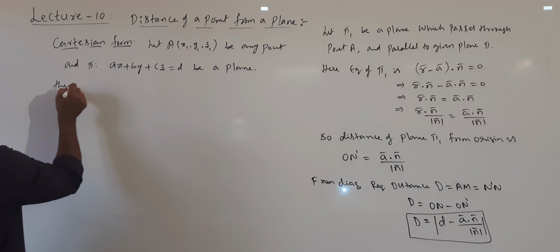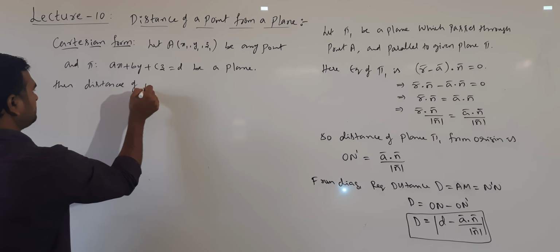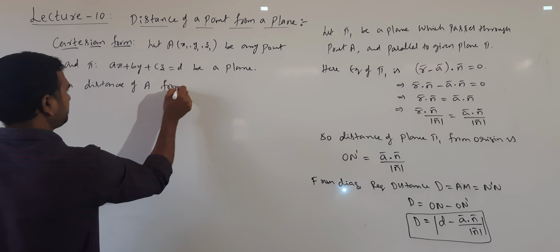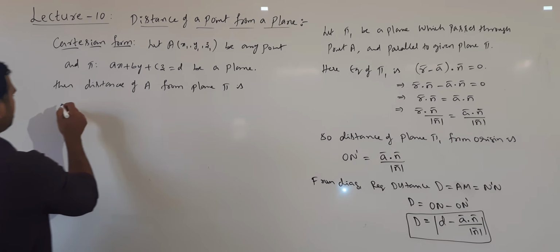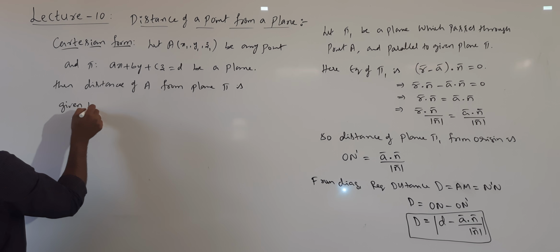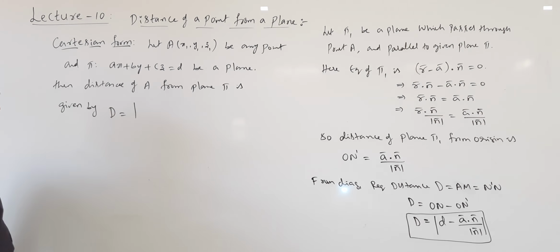Then distance of point A from plane is given by d is equal to modulus of ax1 plus by1 plus cz1.